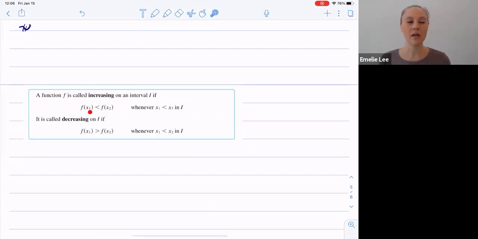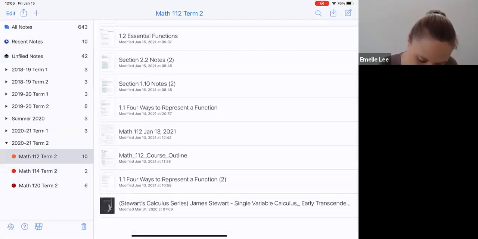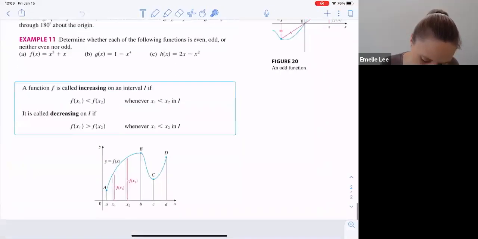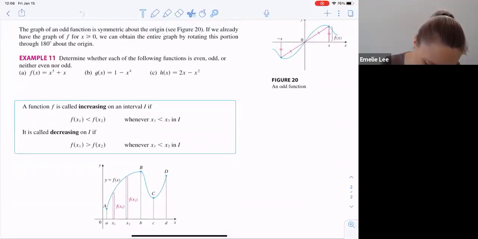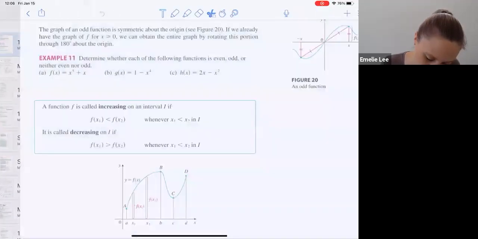If I'm able to pick an x1, one value of x, where the output of f of x2 is greater than f of x1, then we have an increasing function, right? Looking at this is hard to wrap your head around, but if you have, and I tweaked this a little bit so you don't have this graph, but you can copy it out now.